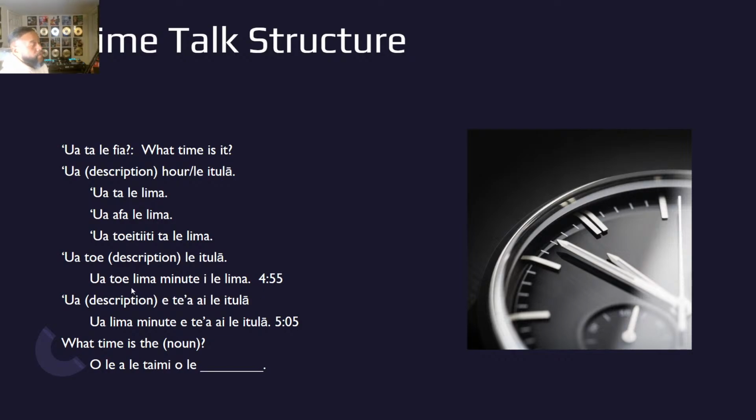So these are the ones here where I said I'm not going to spend too much time because when I said it online, the people in Samoa were like, you don't have to say all that. It's too much talking. All you got to do is say fa lima lima, and that's fine. Some people will say ua toi, so they're saying it is before 5 minutes to the five, which is 4:55.